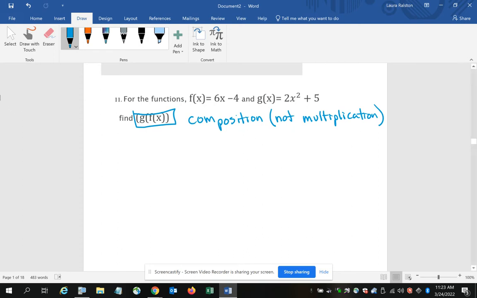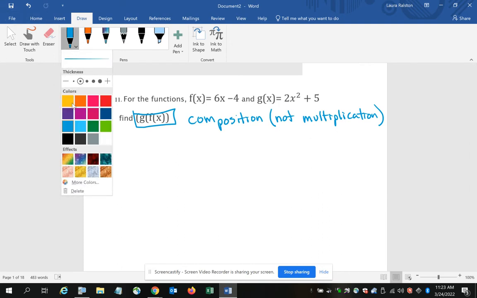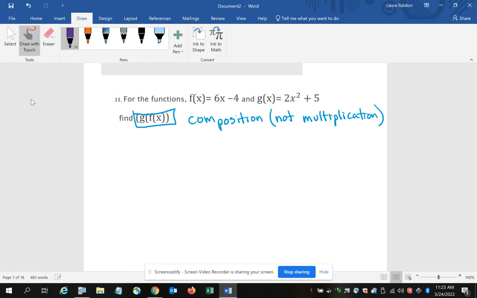All right, so if we begin, this is kind of a process. Again, you can think about it as a process. We're going to start with x, and we're going to plug x into function f. That's this piece right here. So if I plug x into function f, I get 6x minus 4.